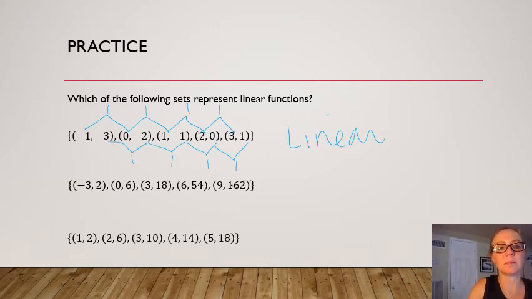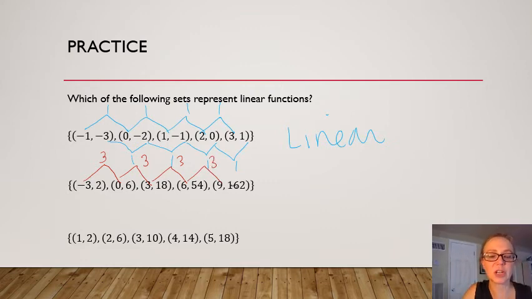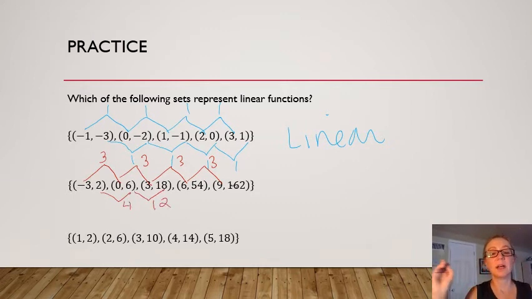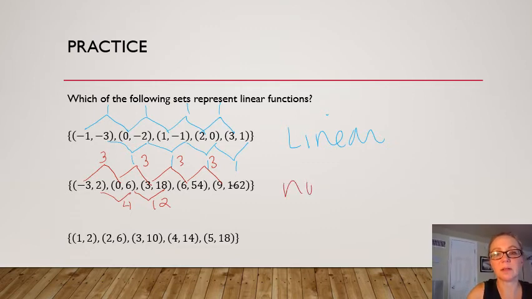In the next example, from -3 to 0 is 3, 3, 3, and 3. So we have a constant change in x's. Now let's look at our y values. From 2 to 6 is 4, but from 6 to 18 is a change of 12. As soon as you see that, you know that it's nonlinear.